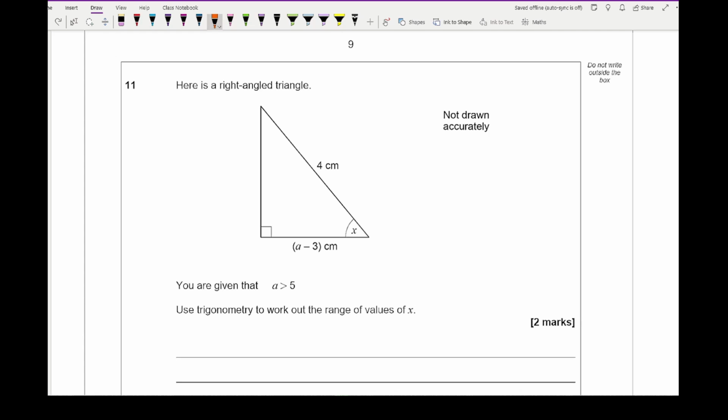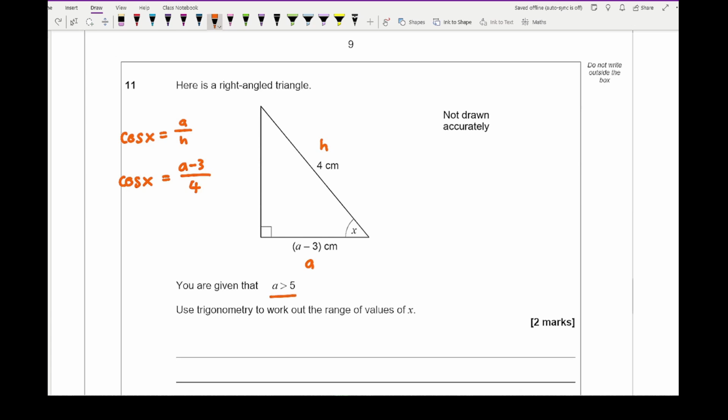The first thing I need to do is select which trig ratio I'm going to use. Here we've got h and we've got a, so I'm going to be using cos x, which is a over h. Now if I substitute those numbers in, I get cos x equals a minus 3 divided by 4.